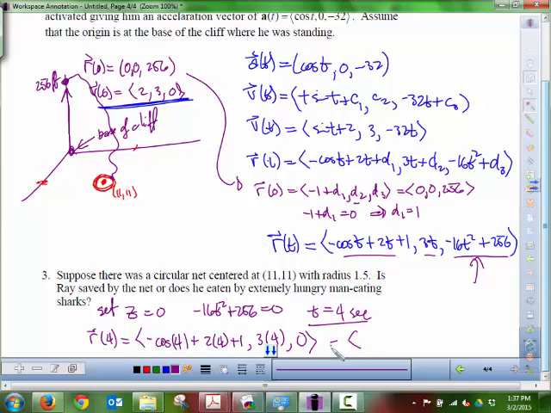So I'm going to have some number, comma, 12, comma, 0. So 12, I still might make it, right? The net has a 1.5 foot radius. I just need to know negative cosine 4 plus 8 plus 1. 9.65.